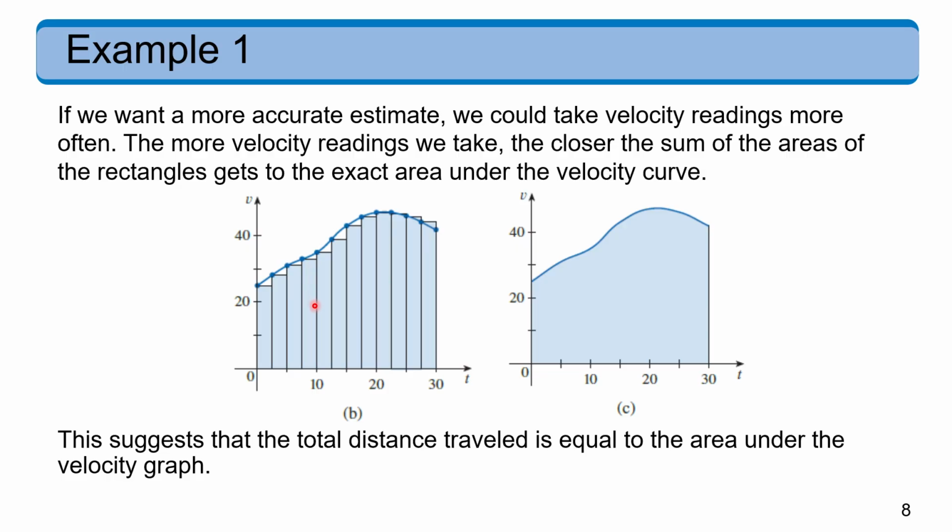So the more often you read the velocity, your estimate for the total distance traveled gets closer and closer to just being the area below the velocity curve. So this discussion helps to confirm what we suspected earlier, that if you have a velocity curve, the area below that curve over a given time interval represents the total distance traveled over the corresponding time.